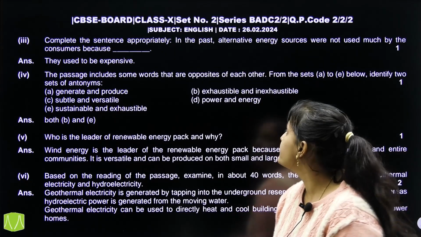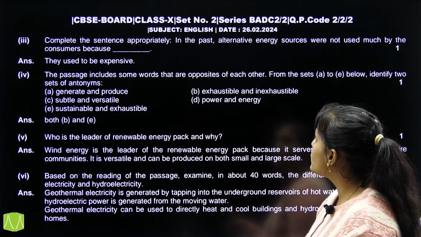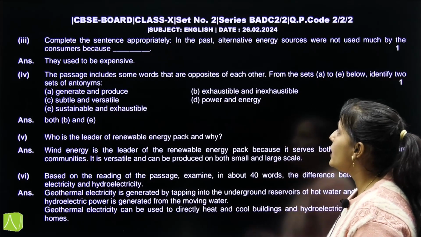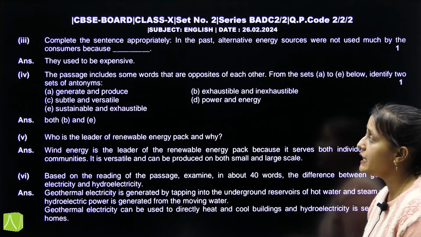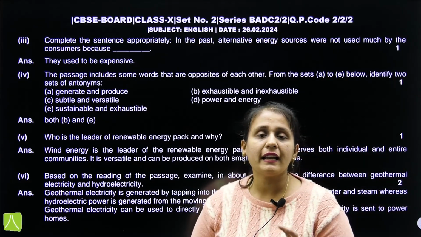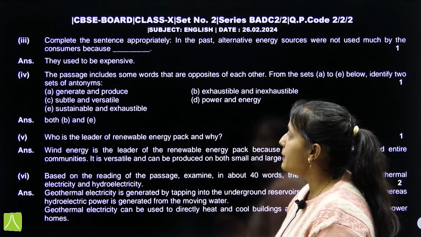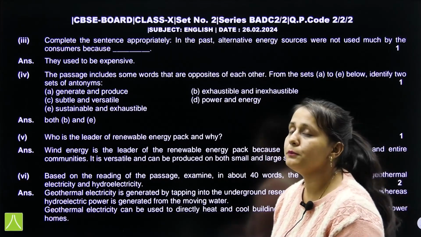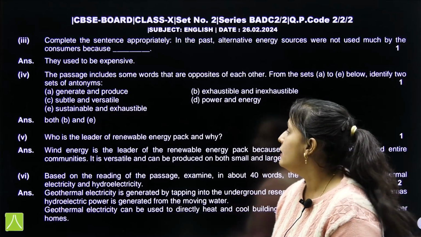They both are same. Next is exhaustible and inexhaustible. Third option is subtle and versatile. Fourth one, power and energy. Fifth, sustainable and exhaustible. So, of course, exhaustible and inexhaustible are antonyms. Next, sustainable and exhaustible, they both are also antonyms. So, the correct answer is both B and E.